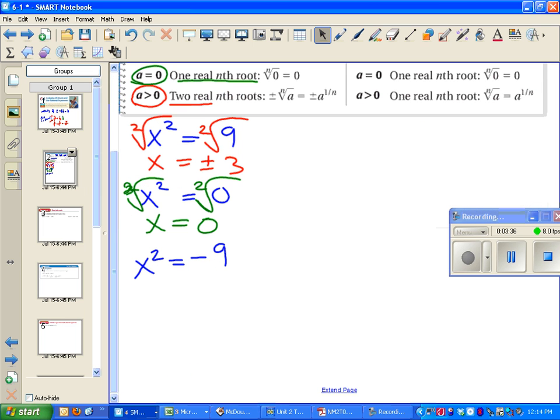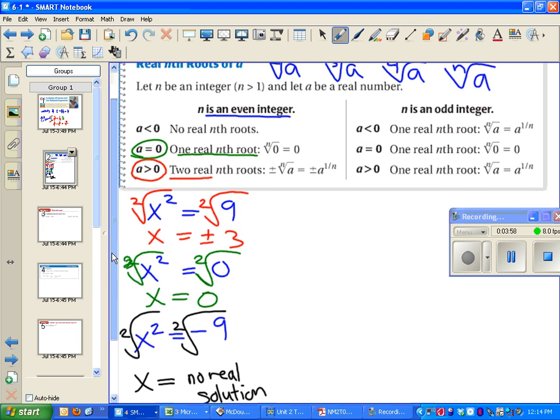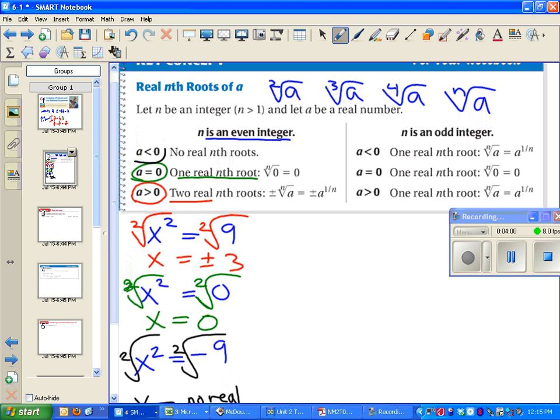When I do x squared equals -9, when I go to square root, and we're just going to deal with real roots, so no imaginaries, then x is going to be equal to no real solution. Okay. We know it's plus or minus 3i, but there's not a real solution. So when the number is less than 0, in this case it was -9, we have no real roots, right? And that applies to 4th roots, 6th roots, so any even number.